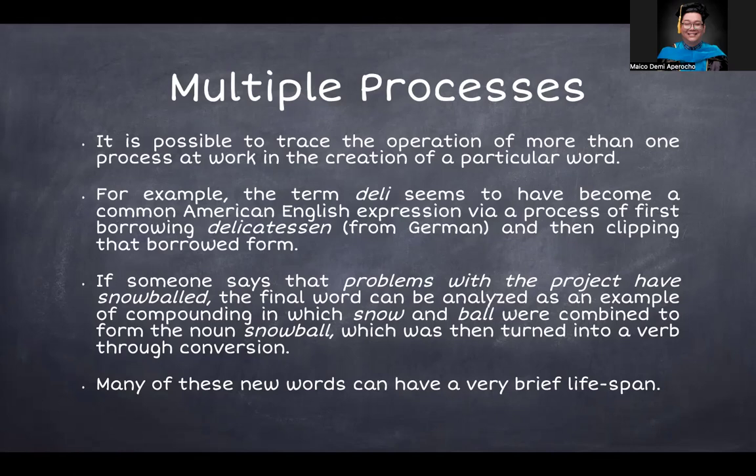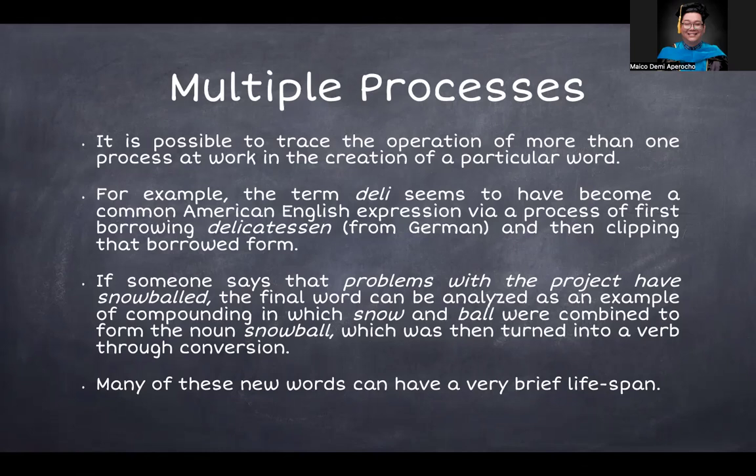In fact, in this word alone, there can already be three morphological processes, right? From the word snowballed. First, it's compounding, the combination of snow and ball. And then from snowball, which is a noun, to a verb, we have the process called conversion. And then the moment that we add ed to it, it's now the process of affixation, which is part of the process of derivation.